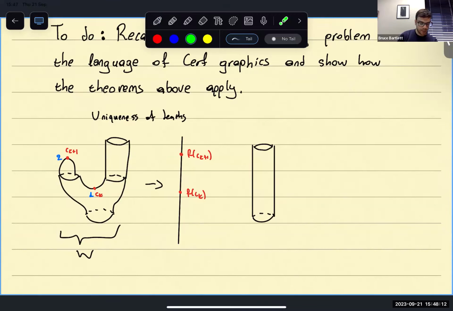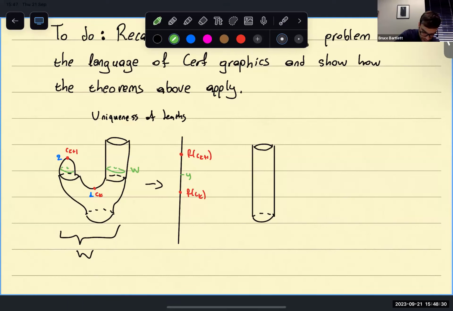There is a path which annihilates those two critical points. Now if I look at some y here, I look at the preimage of this y.